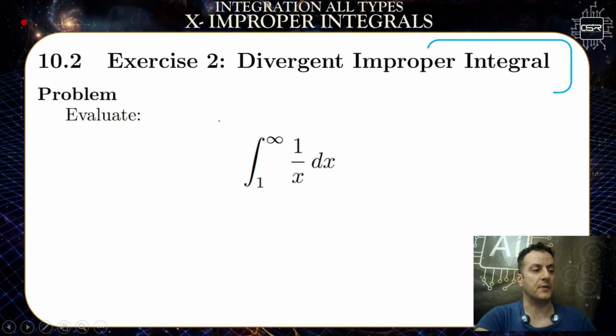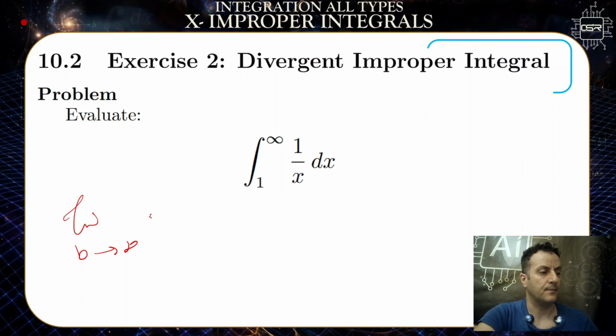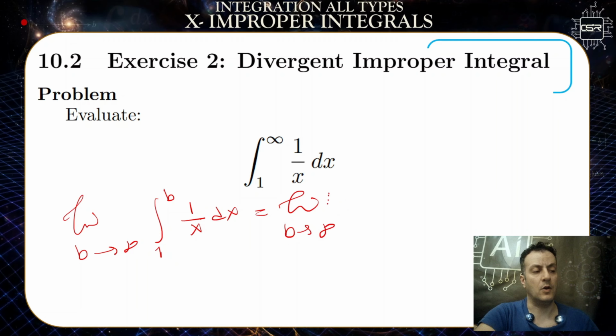Integral from 1 to infinity of 1 over x dx. Applying the same concept and formula, this is equal to the limit as b approaches infinity of the integral from 1 to b of 1 over x dx.